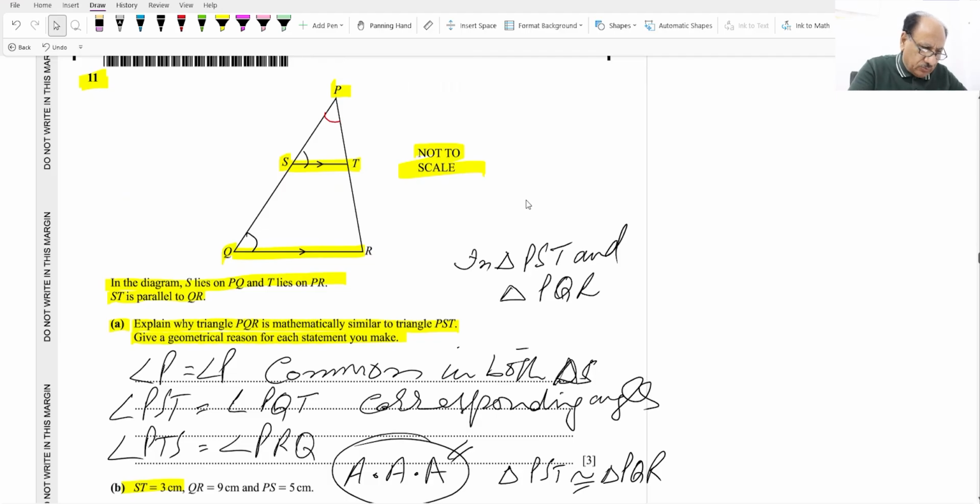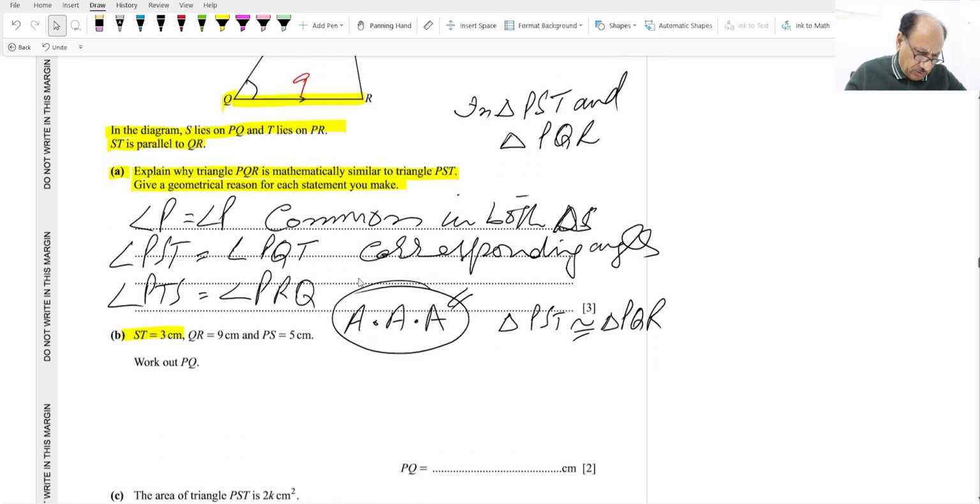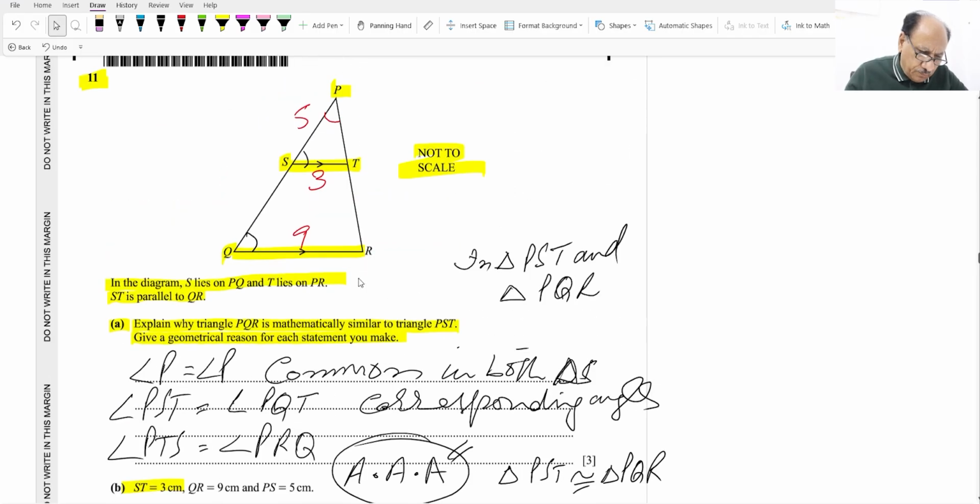Now for the B part, they're saying ST is equal to 3 centimeters, QR is equal to 9 centimeters, and PS is equal to 5 centimeters. What we need to do is work out PQ. The complete length is required from this point to this point.